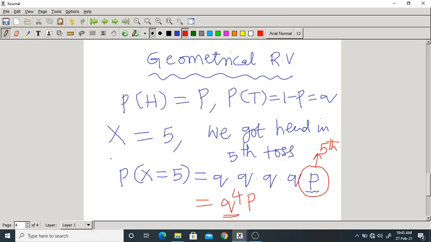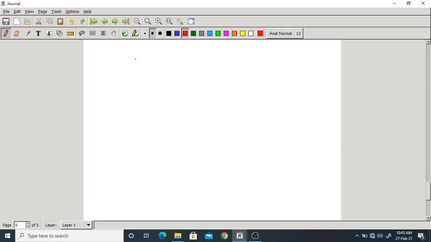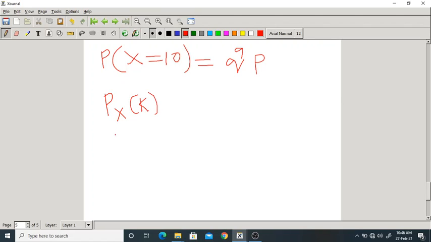Suppose I ask you, what is the probability that x equal to 10, which means you got head in the 10th toss, which means in the first 9 tosses you got tail? What is that? q power 9 into p. Okay. Generally, px of k, this is a PMF, is defined as the probability that x equal to k.